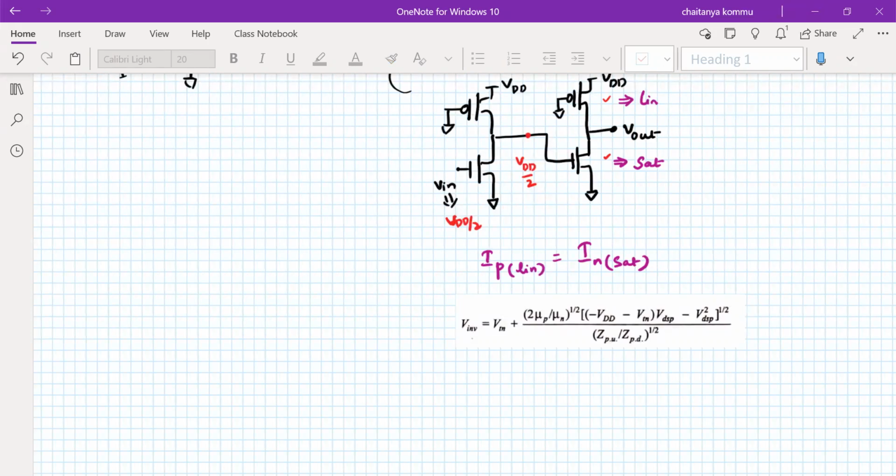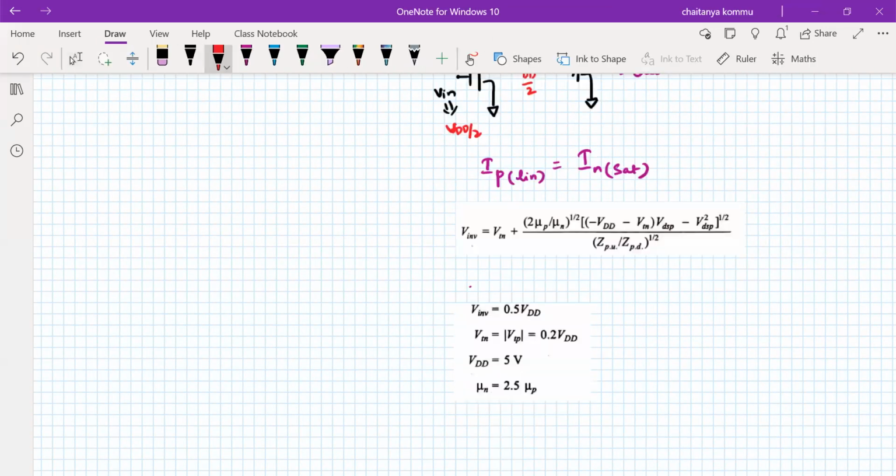So what are the typical values that we need to consider? So the typical values are, in this equation, if you substitute these typical values, these are called typical values.